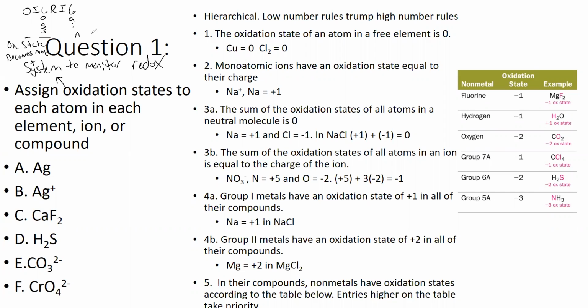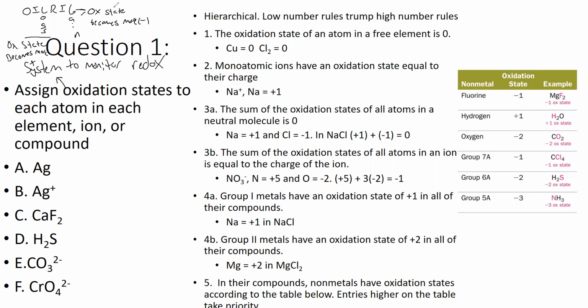While if you gain electrons, if you're reduced, your oxidation state becomes more negative. I'm sure this is all very confusing. You're not quite sure what I'm talking about, oxidation states, all these foreign words. That's okay. We'll go through this in depth.